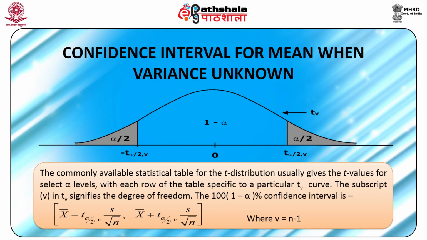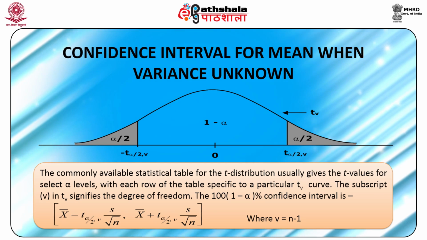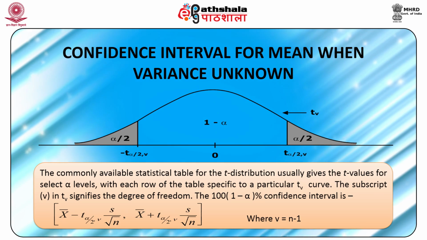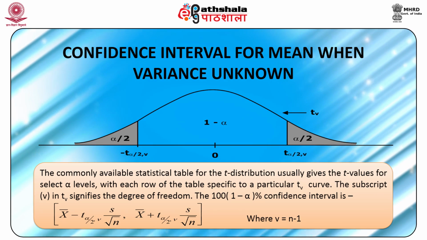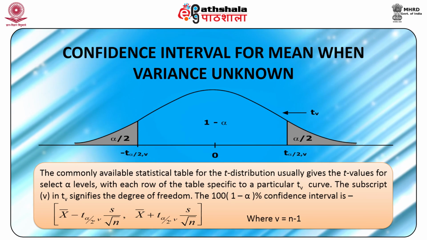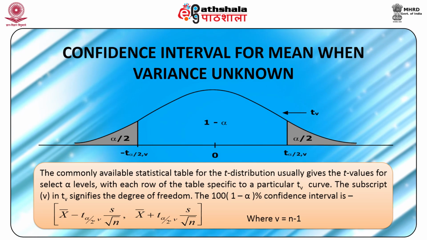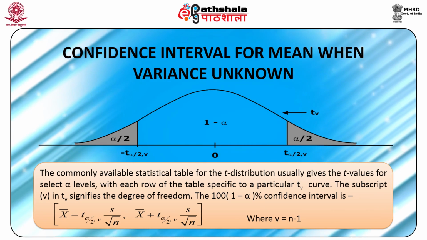The commonly available statistical table for the t distribution usually gives the t values for selected alpha levels, with each row of the table specific to a particular t nu curve. The subscript nu in t nu signifies the degrees of freedom of that curve.